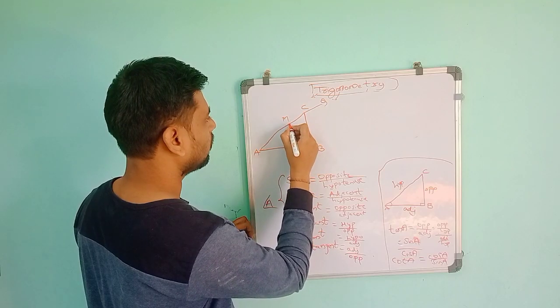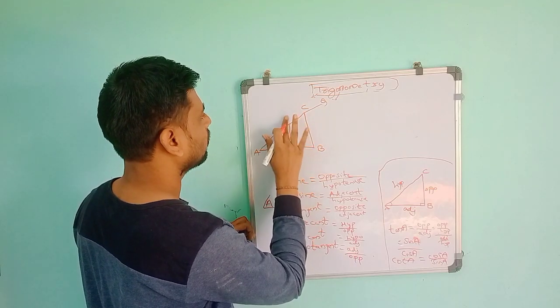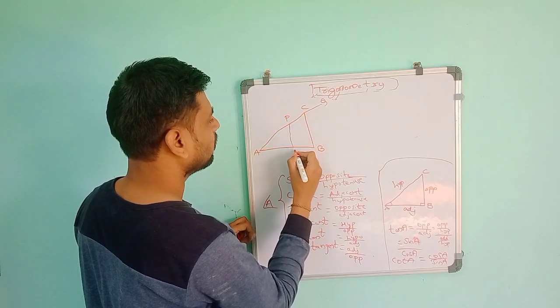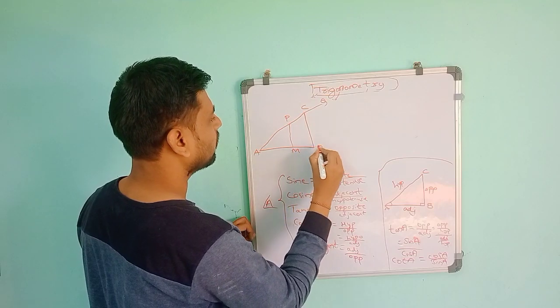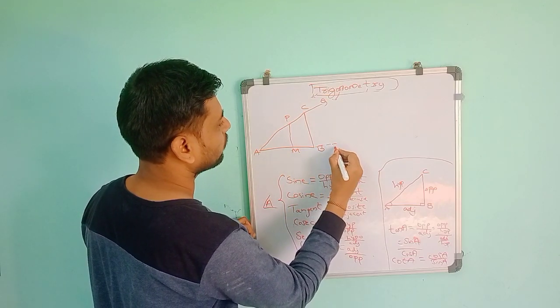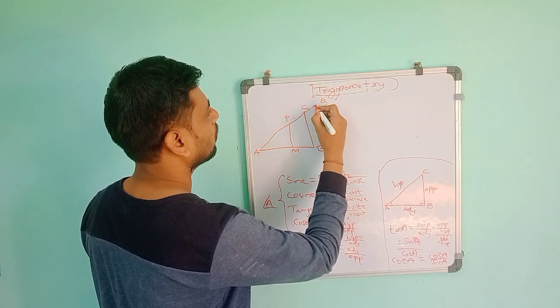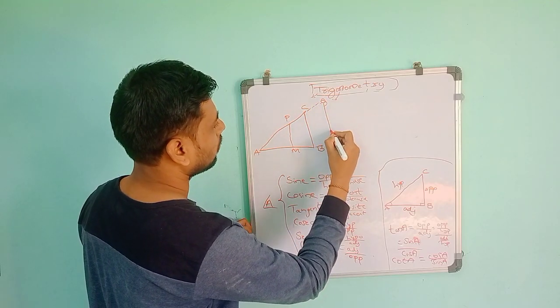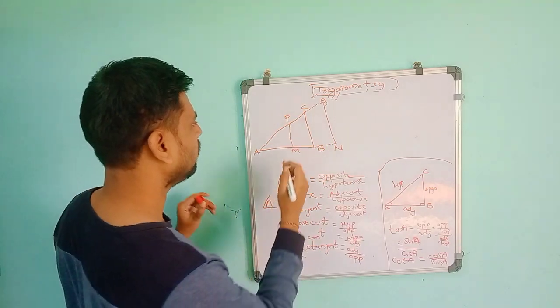Perpendicular to AB, that is P, this one M. I am extending this one, here also extending. So if you see the diagram, this one.